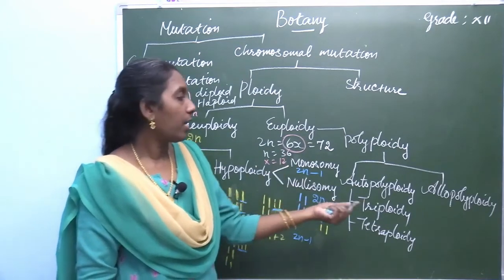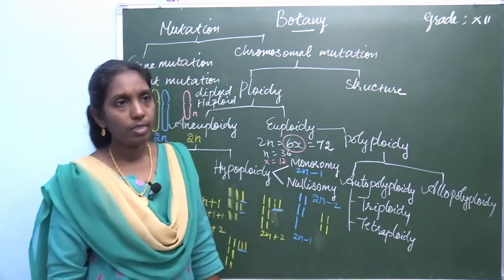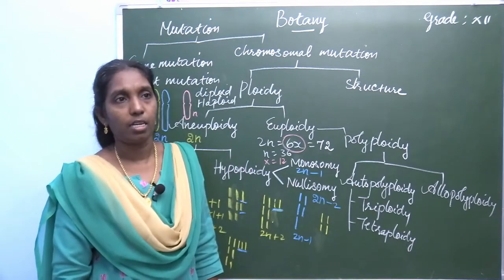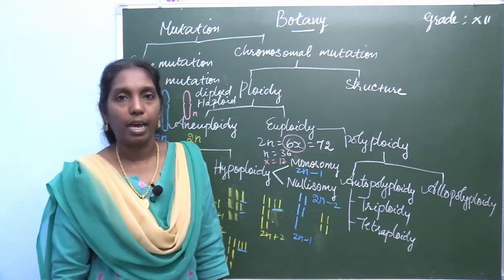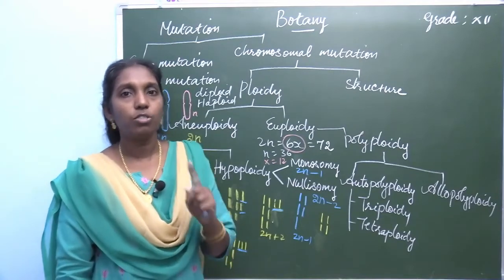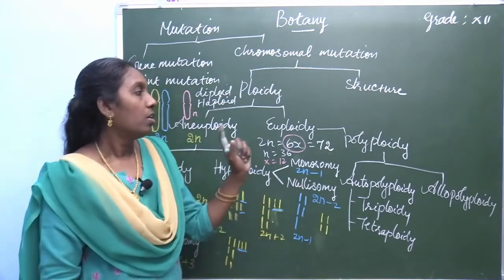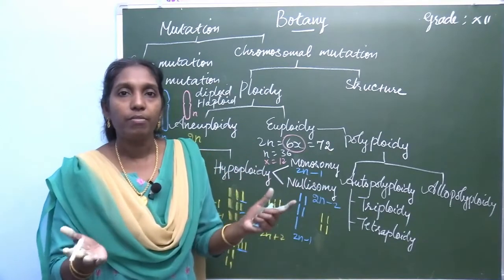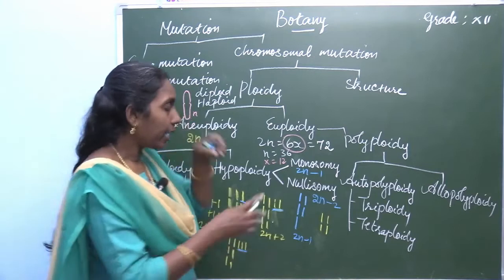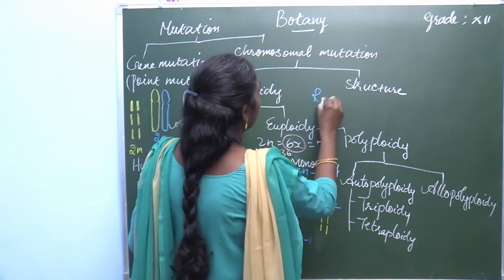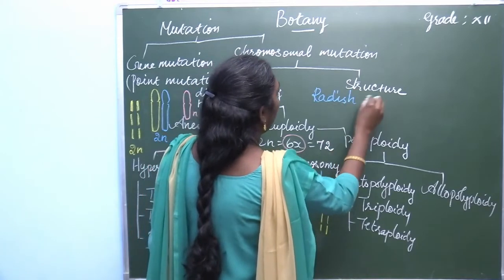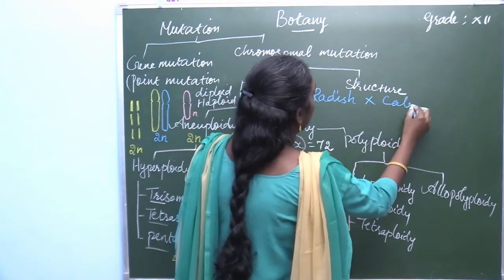So, here is an example, Raphanobrassica, a cross between radish and cabbage. There are two examples given in your book. The first is this cross between a radish and cabbage.